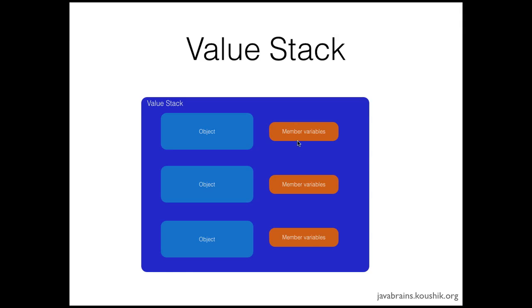They act as if they are member variables of the value stack itself. Let's say this object had a member variable called best tutorial website as a string. We would need some way of traversing this object graph to get that string. So we would have to say value stack dot get this object dot get best tutorial website string, right? That's the way you would reach the string data. But instead, the value stack isolates out these member variables and acts as if they are part of the value stack object itself.